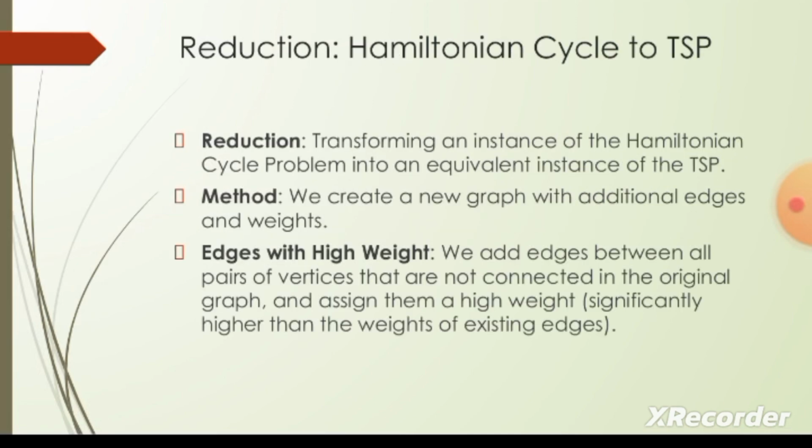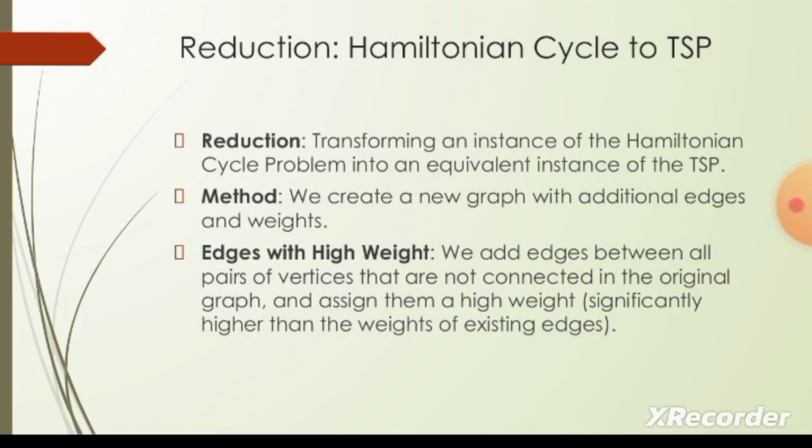So, reduction of the Hamiltonian cycle to the traveling salesman problem. So reduction is transforming an instance of the Hamiltonian cycle problem into an equivalent instance of the traveling salesman problem.